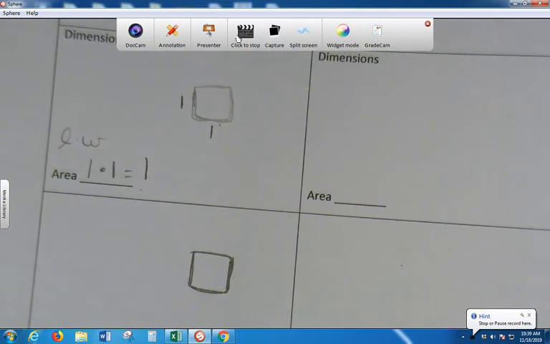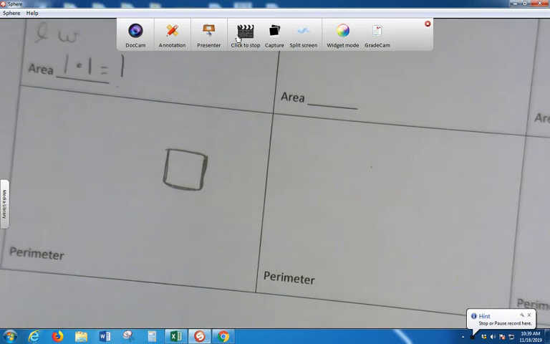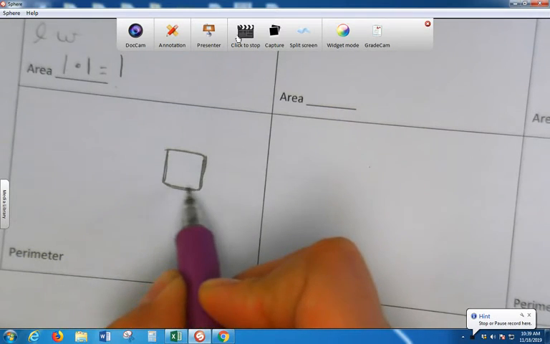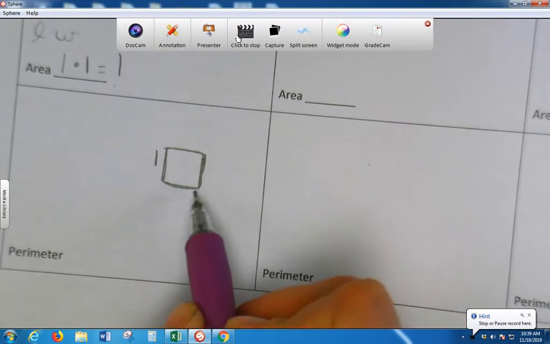Okay. Perimeter. Like in the do now, when we have perimeter, what are we talking about? The sides. All the sides, right? So I told you that this side is 1, and I also told you this side is 1.